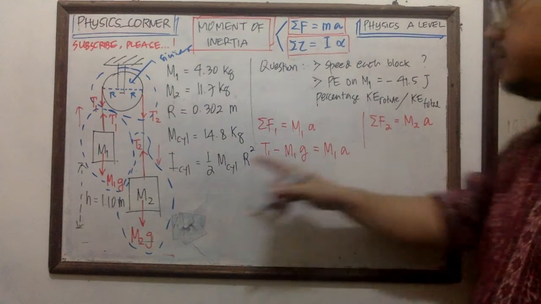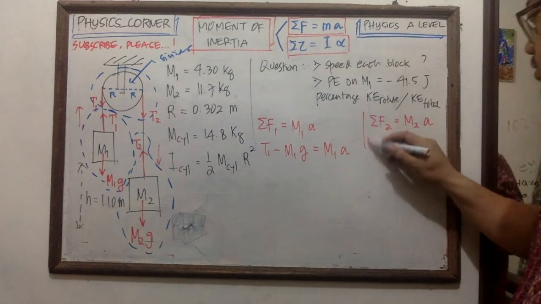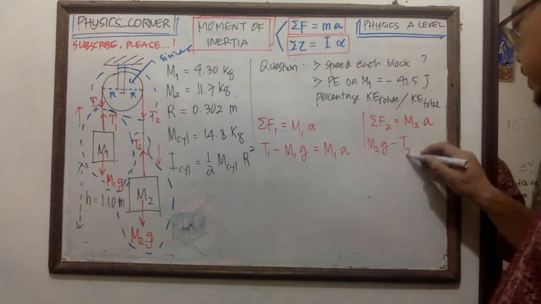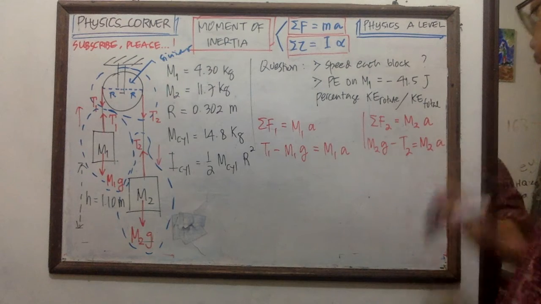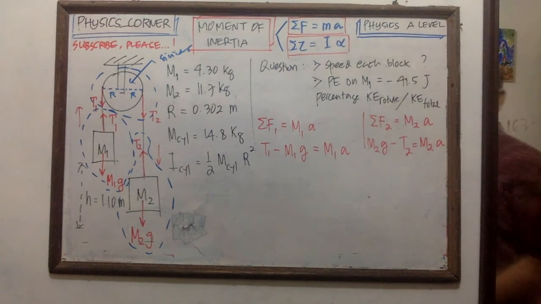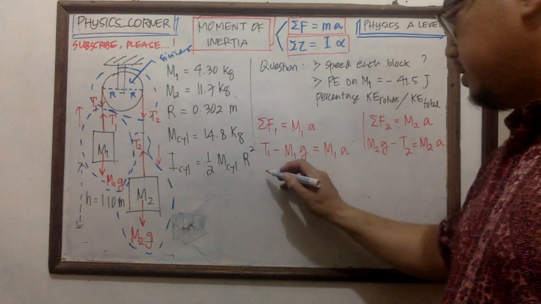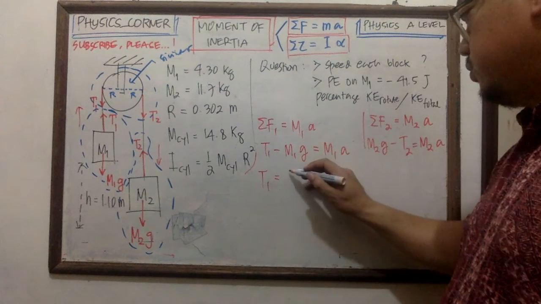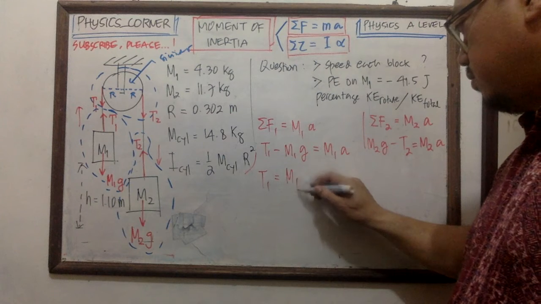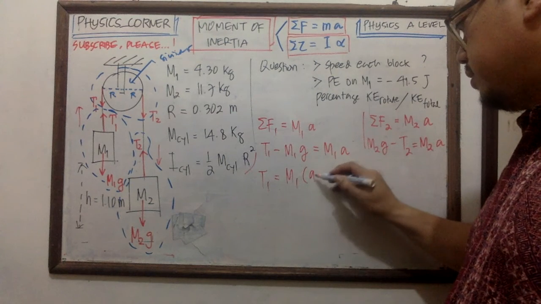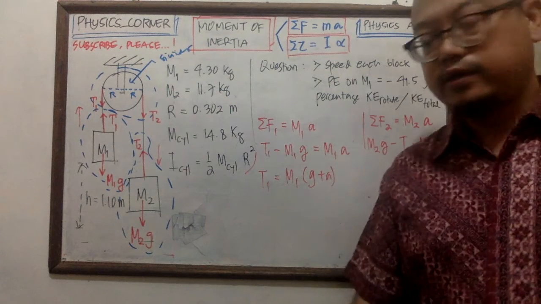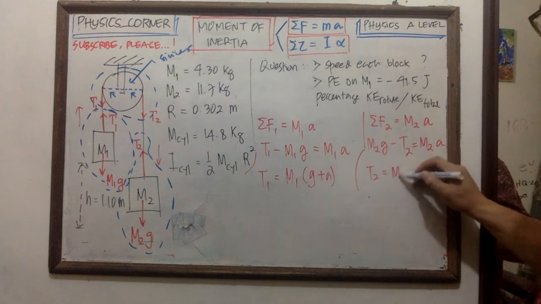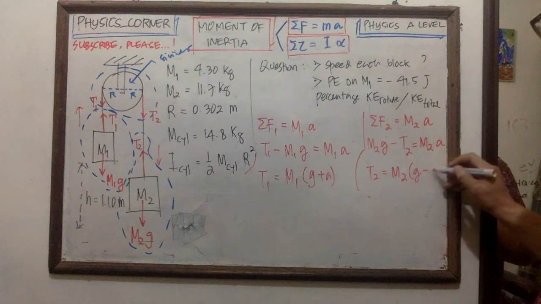On m2 we have m2 g minus T2 equals m2 a. Separating out the tensions, T1 equals m1 times (g plus a), and T2 from this equation equals m2 times (g minus a).